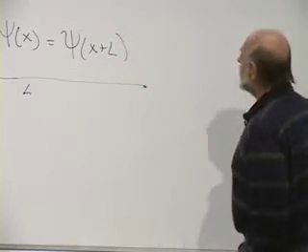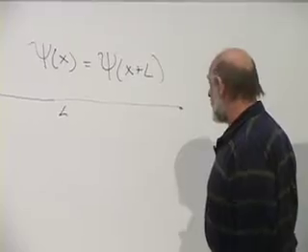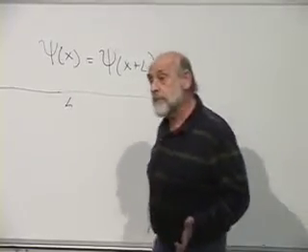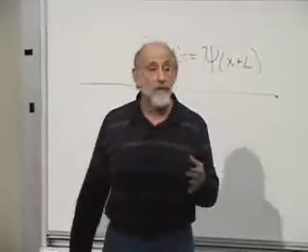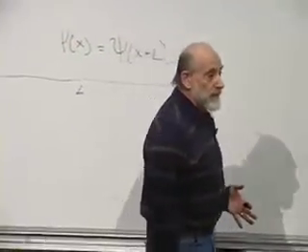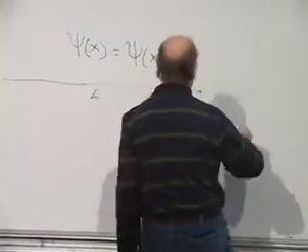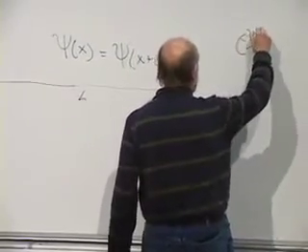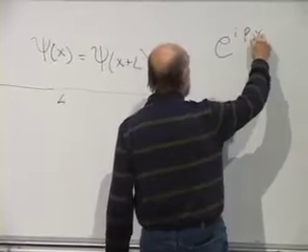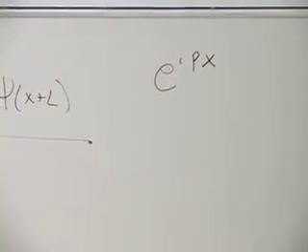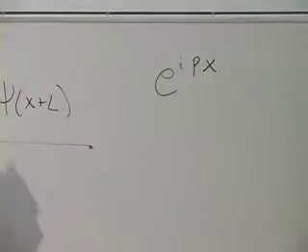Now, since psi of x has to be equal to psi of x plus L, that has, as was pointed out a moment ago, implications for the spectrum of momentum, for the possible eigenvalues of momentum. Remember, the wave functions for a momentum eigenstate are e to the i p x over h bar.